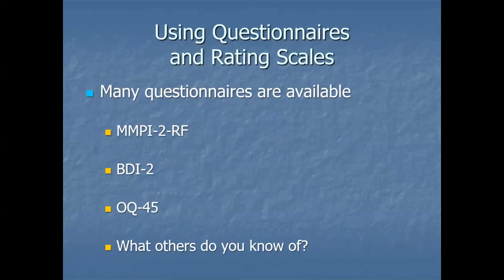We also want to use questionnaires and rating scales. Some of these are going to be questionnaires that you as a class are going to be presenting on, so we'll be learning more about them. But when you think about the questionnaires that are available, essentially they are a way for you to find out where they are at that point in time.